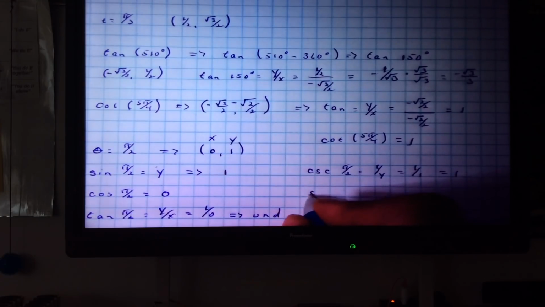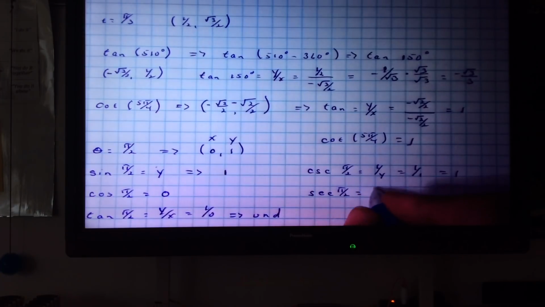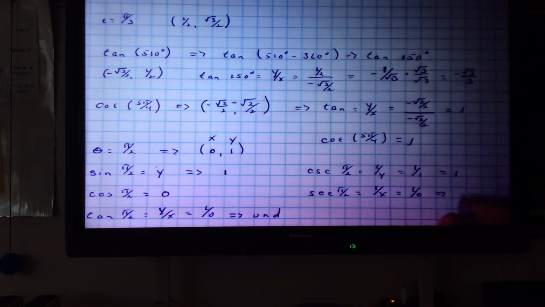The secant of pi over 2 is 1 over x, which is 1 over 0, and this is undefined. The cotangent of pi over 2 is 1 over the tangent, which is going to be x over y. So this is 0 over 1, which is just 0.